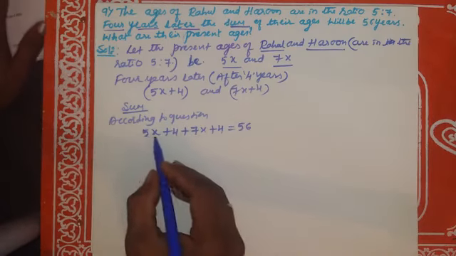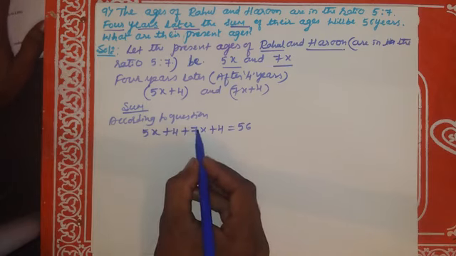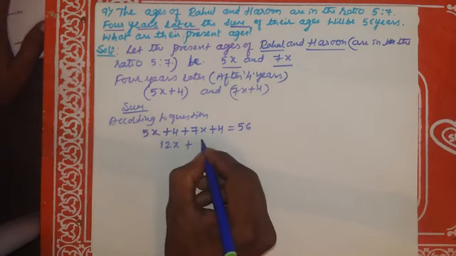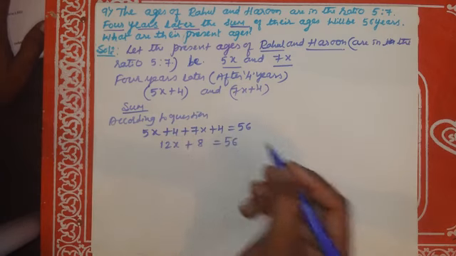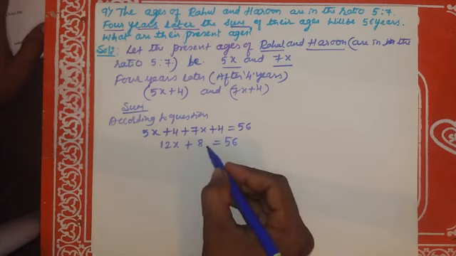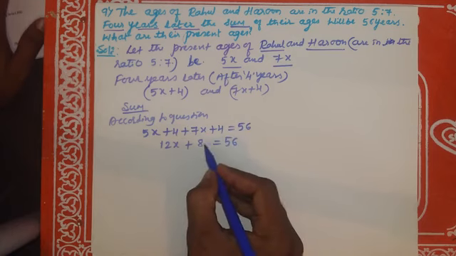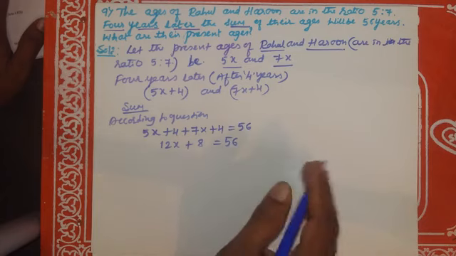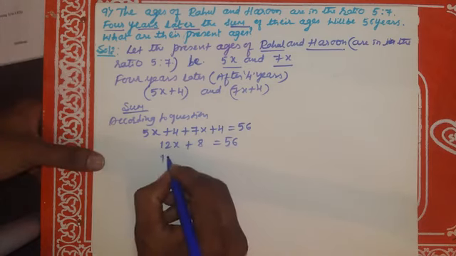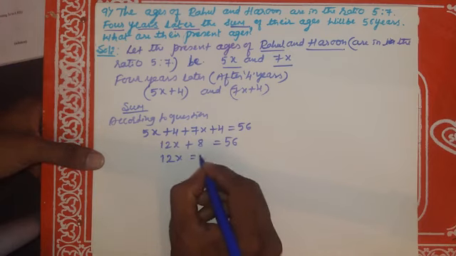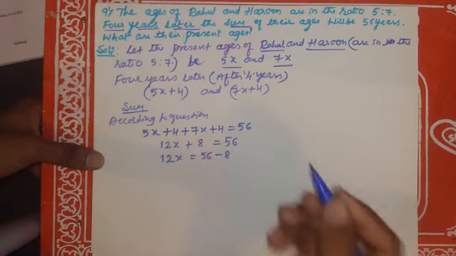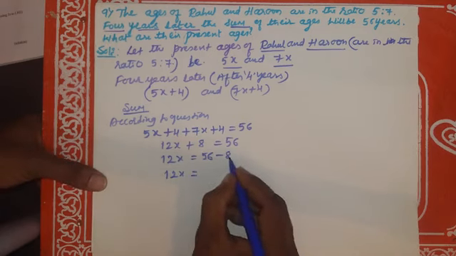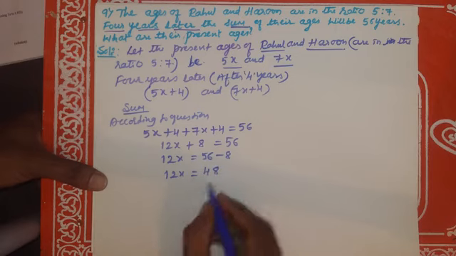How many x are there? 5 plus 7, 12, 12x, plus 4 plus 4, 8, is equal to 56. Subtract 8 on both sides, or this 8 taken to the RHS becomes minus 8. 12x is equal to 56 minus 8, which is equal to 48.